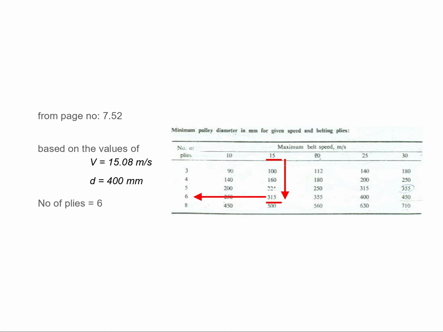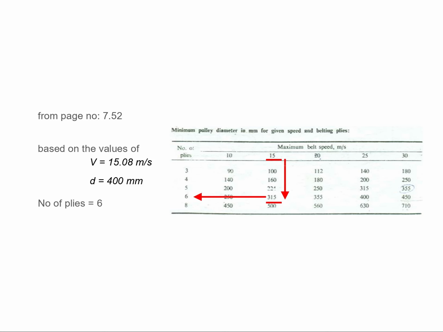So 15 is available, and under the column of 15, we have to search 400 mm diameter, but 400 mm is not available. Then we have to search the nearer value. 315 is the nearer value. Corresponding to 315, a 6 ply belt is there. So we have decided on 6 ply.